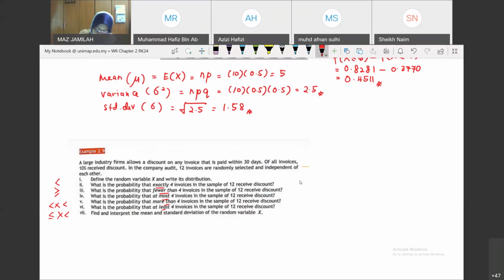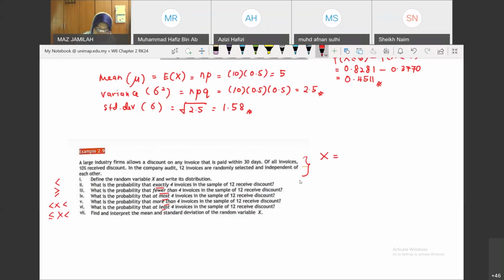So how can we extract the information in terms of binomial probability distribution? The first thing you have to identify from any given question is the definition of X used in this particular example. So you have to be very meticulous in looking at the given information.